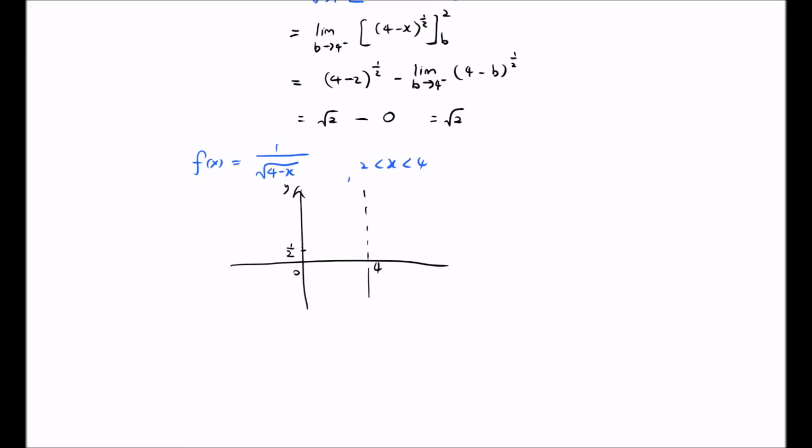As you estimate the graph, you see that the graph is going upwards. When we integrate, that means integrate from 2, which is here. When you put 2, you get 1 over square root 2. Sorry, 2 is not there, 2 is halfway. So this is your 1 over square root 2.